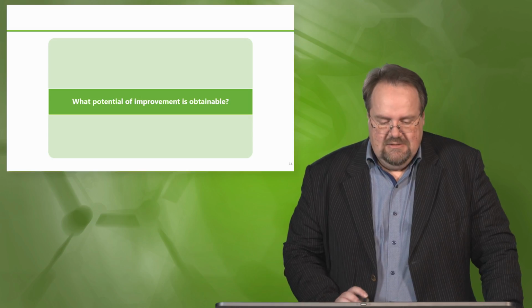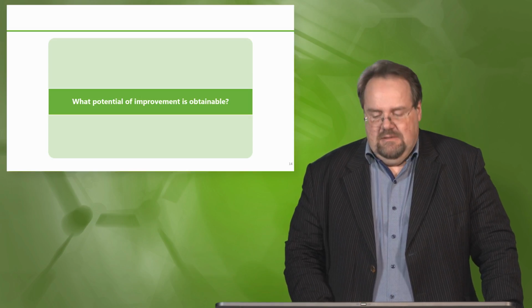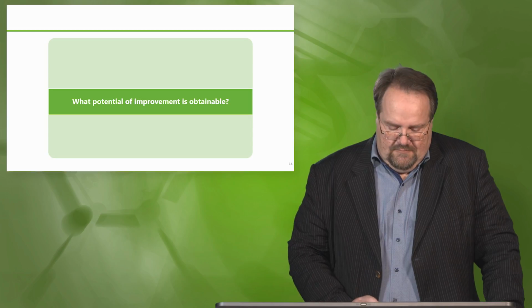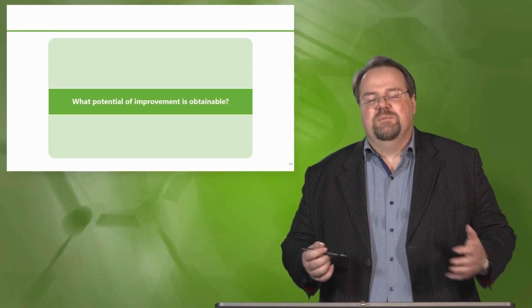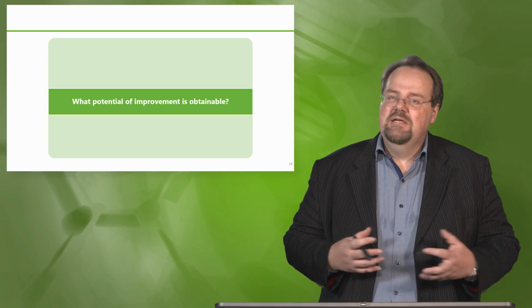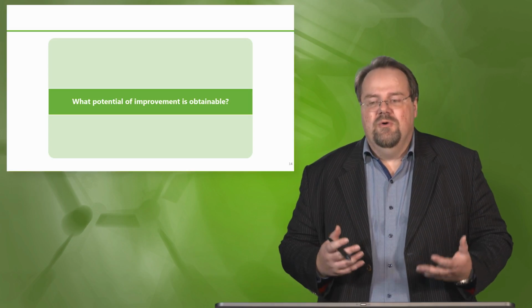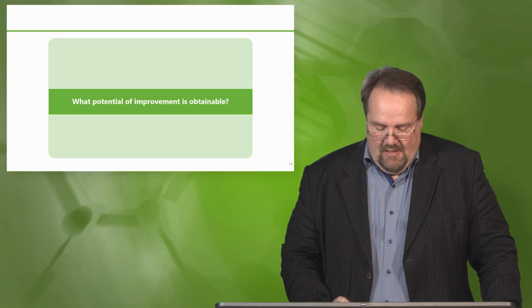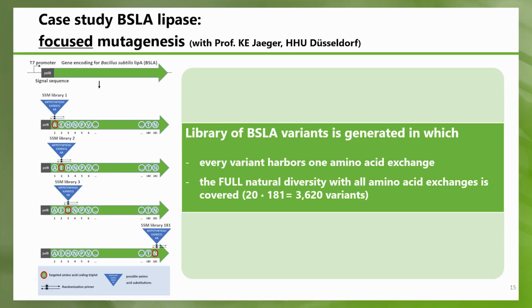More interestingly is what kind of improvement is obtainable if you would be able to sample through the whole natural diversity. You can do that with the same lipase. You make all the 20 amino acid exchanges at each position, which is very extensive work, which takes 2 co-workers approximately 2 years to do.